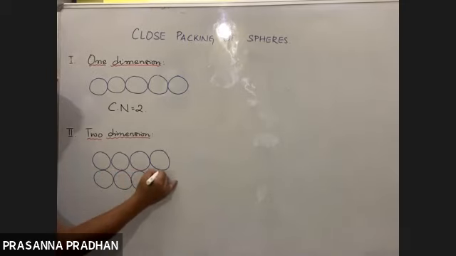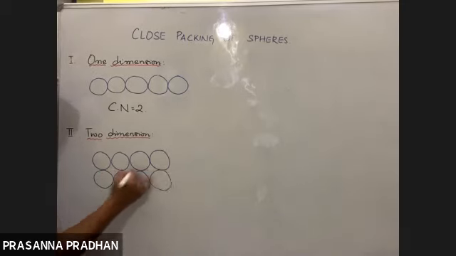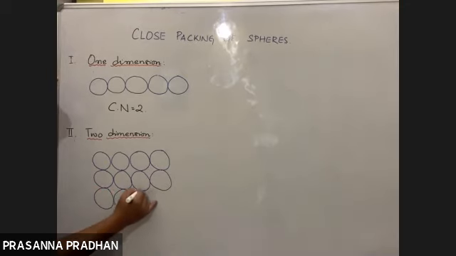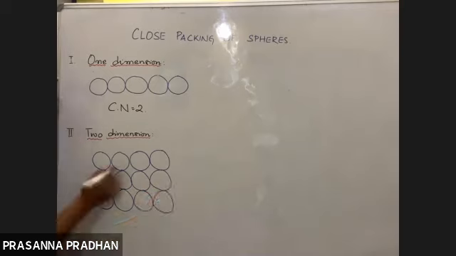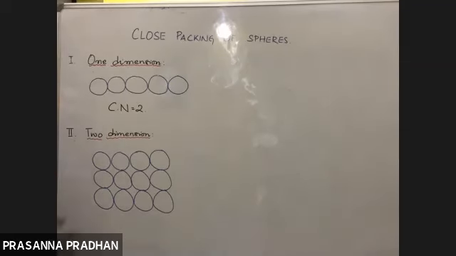Now, do you see the centers of the spheres coincide with each other? The different layers of spheres, does the center lie in a straight line? Yes, the centers lie along a straight line. So this is one way of placing the sphere, and we can say there are lots of vacant spaces out here.